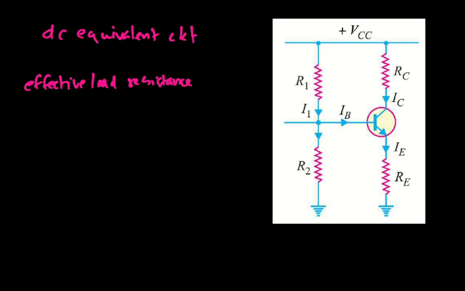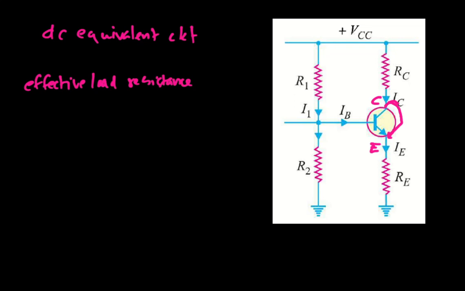We are taking the output voltage across the collector and emitter terminals of this transistor, so we have to calculate the resistance across the collector emitter junction or terminal.